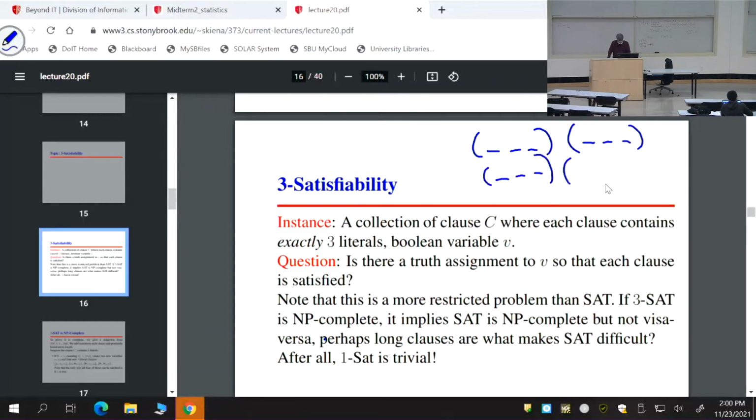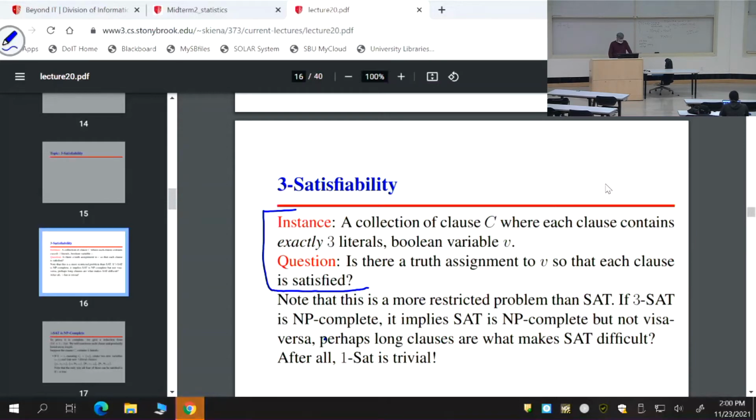Does everybody agree that each one of these clauses is this ORed with this, this ORed with that? In 3 SAT, every clause has exactly 3 literals in it. So in some sense, it's a simpler version of satisfiability. Remember, in full satisfiability, the clauses could have any number of variables in them, right?